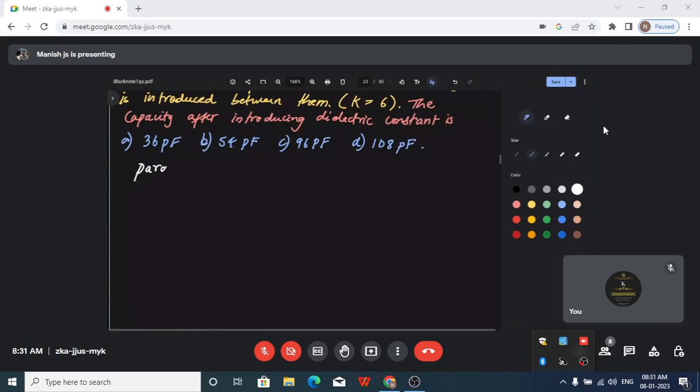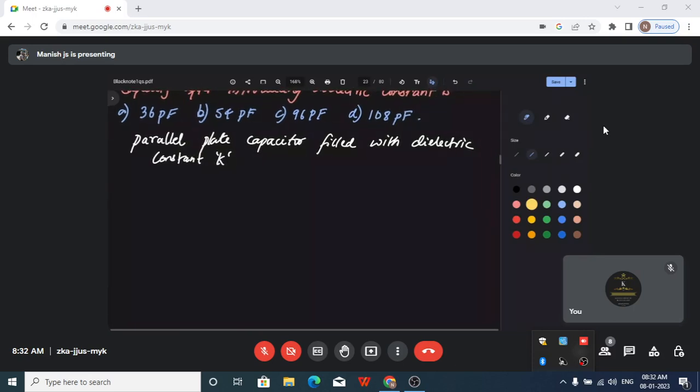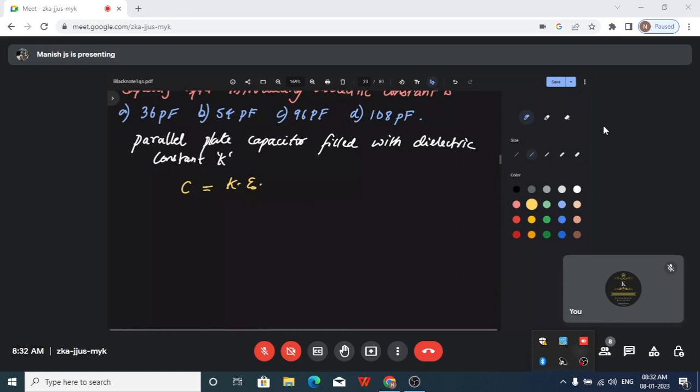So, formula for parallel plate capacitor filled with dielectric constant K. If you're filling the materials with dielectric constant K, what happens to the capacity? It gets enhanced K times. That is the meaning. So formula is C is equal to K times epsilon naught A by D. This is what you should be knowing.